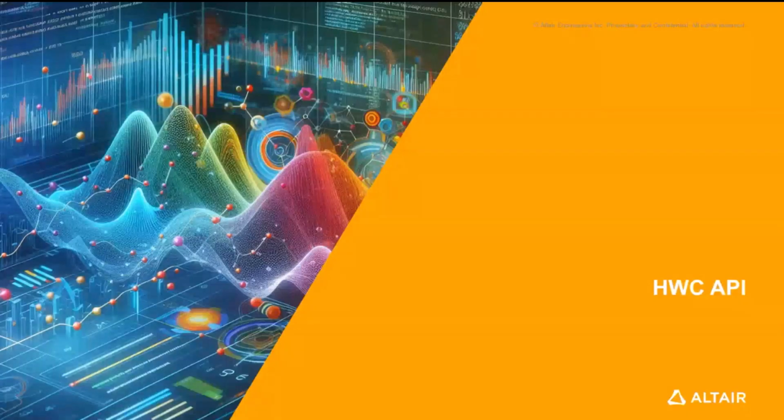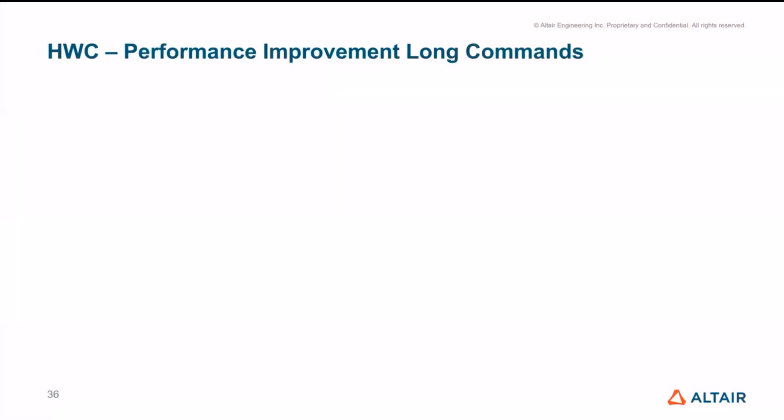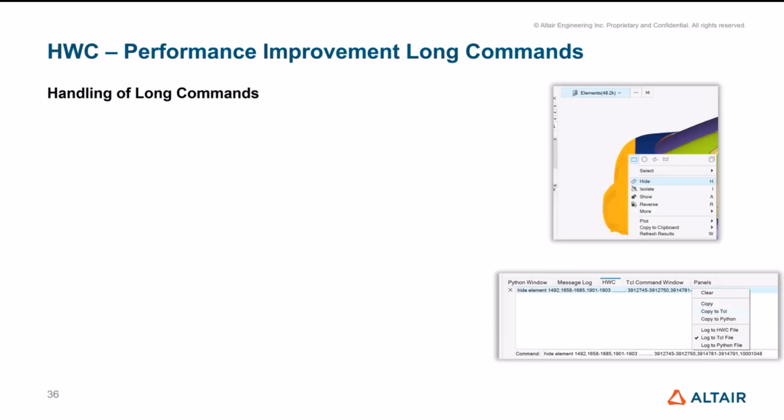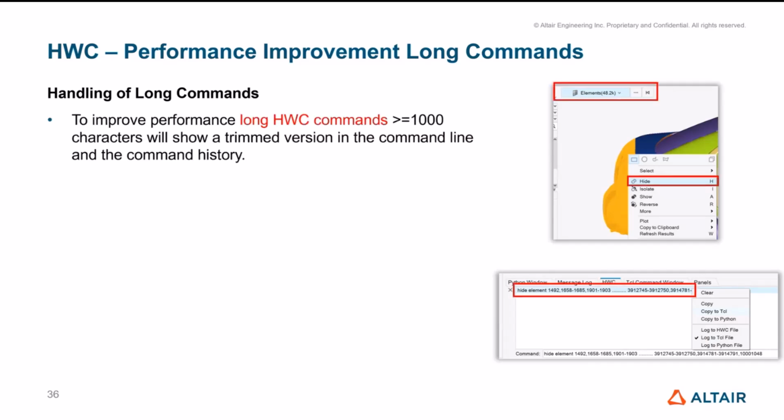That closes HyperGraph, and now let's go to the HWC. HWC has only one slide, so performance improvement for long commands. What we had in the past was the handling of long commands was slow when the commands were super long. So for example, when you hide a bunch of window selection elements, the commands can easily go in a few hundred kilobyte range.